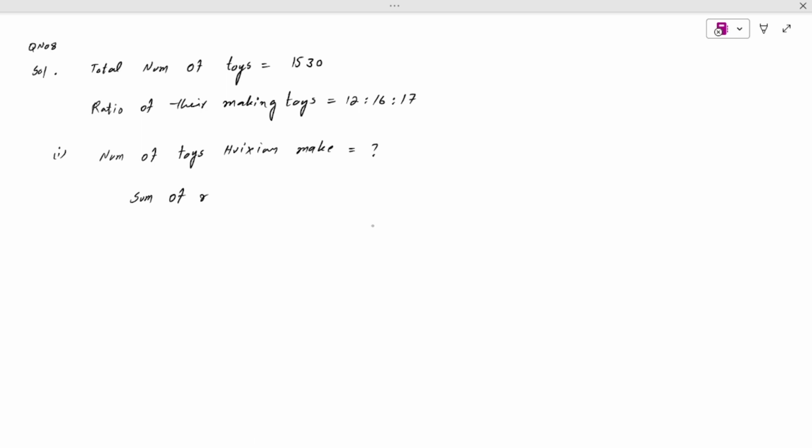Sum of ratios is equal to 12 plus 16 plus 17. These are the three ratios of the three girls. So the sum of ratios is 45.